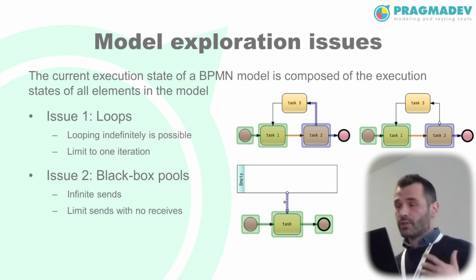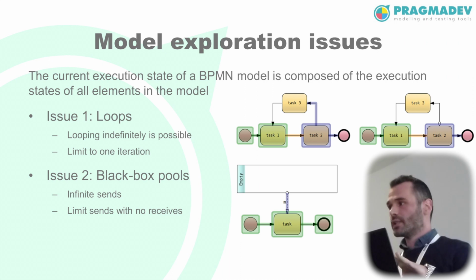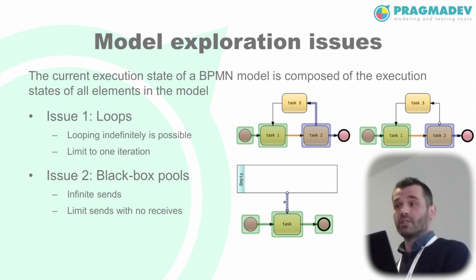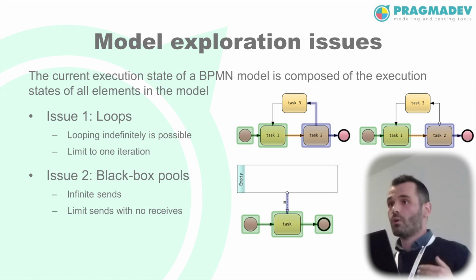The simple fact of ignoring such a black box in the execution context means that we have to make a decision about what happens with all the message flows. Our decision was, as we don't know the details of that black box, to decide that all these message flows can be sent several times, infinite times, and every message flow entering the black box will always be received.